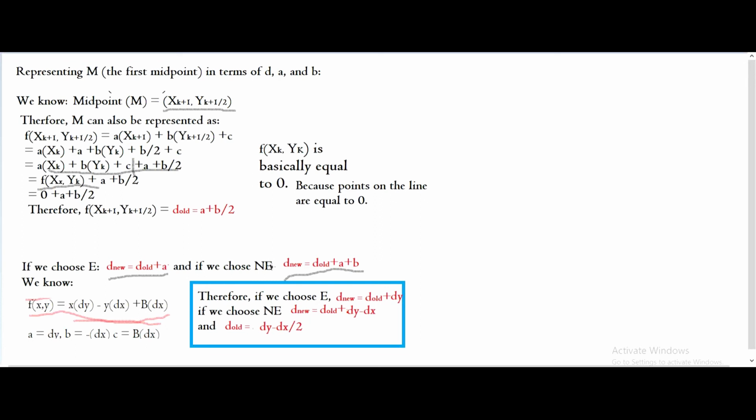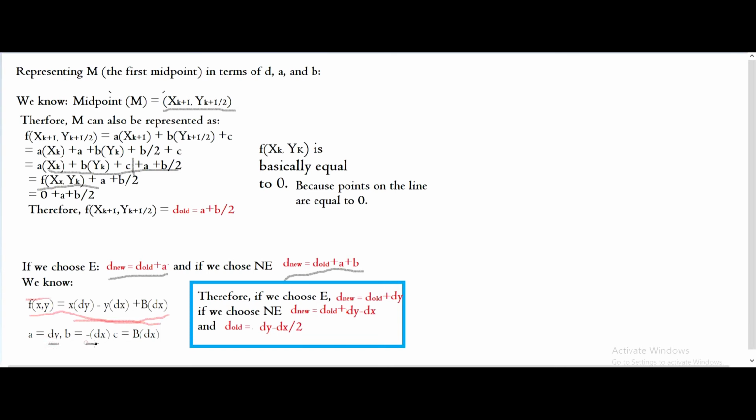Now, if you go back a few slides and remember our equation of a line, we could represent A by dy, B by minus dx, and C by b dx, by comparing it to ax plus by plus c. So what I've done here is basically replaced the values of a, b with these values.